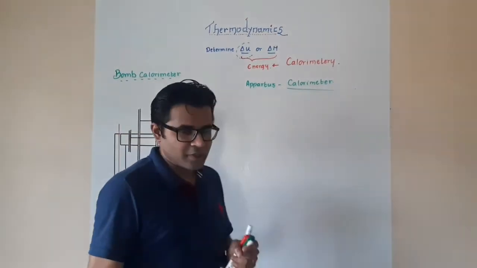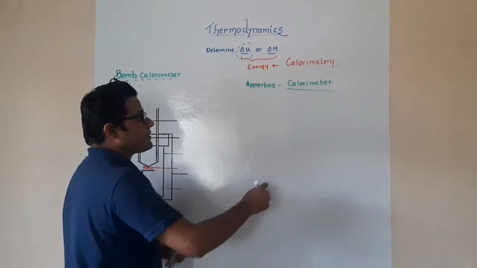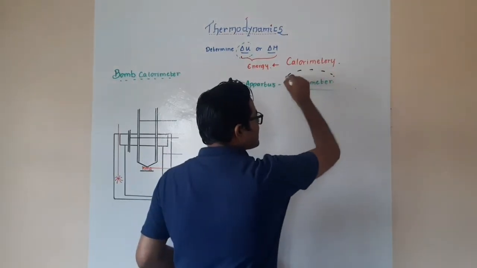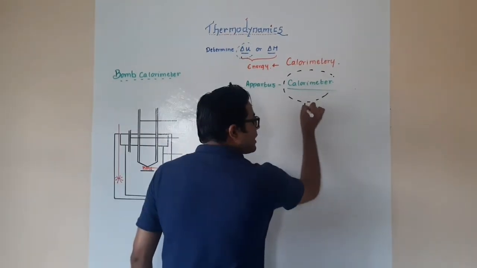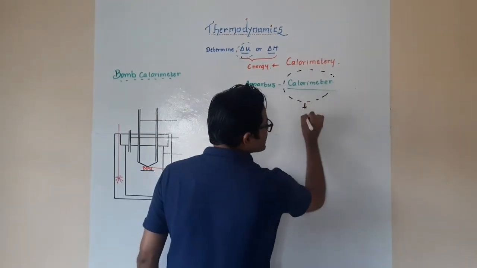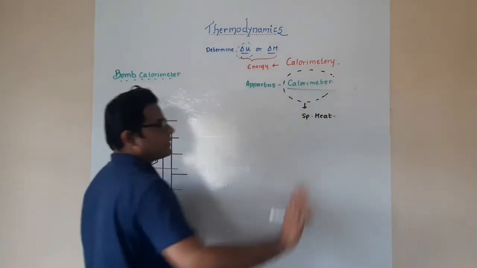What is the general procedure? Let's understand that. First, they take the apparatus, your calorimeter, and they first know what is the specific heat of this particular calorimeter, right?